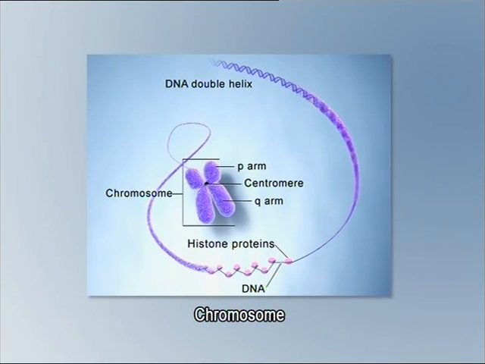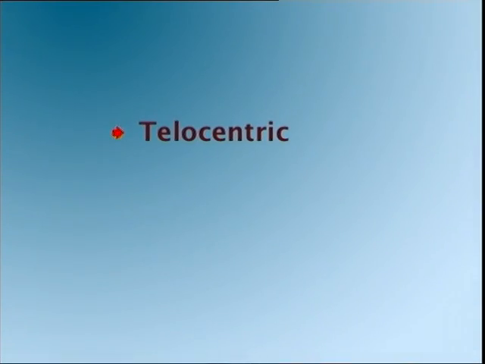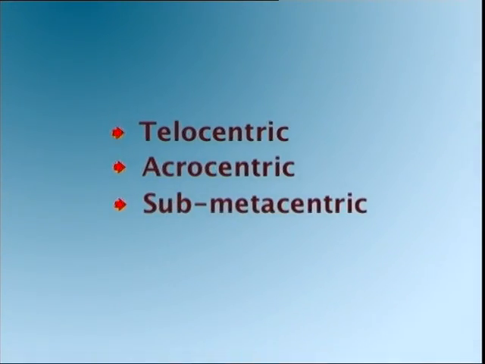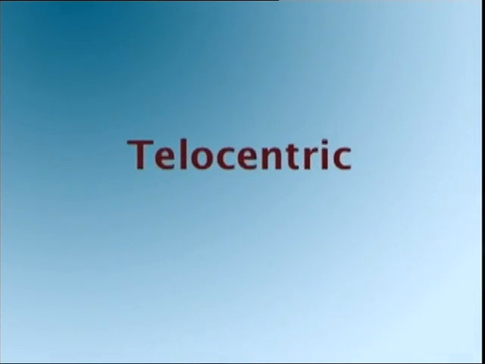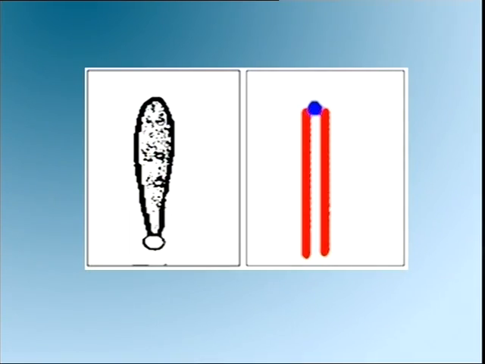The position of the centromere varies from chromosome to chromosome and it provides the following different shapes to the chromosomes: telocentric, acrocentric, submetacentric and metacentric. Telocentric. When the centromere is at the terminal or proximal position, the chromosome is called telocentric.